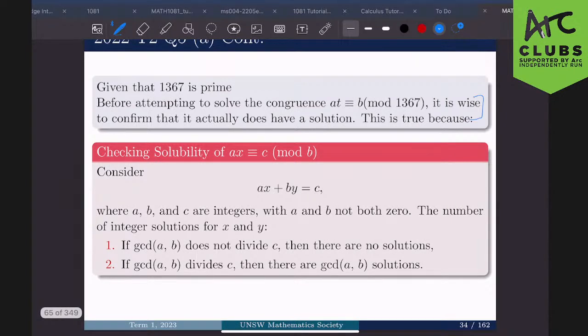So the GCD of 1367 and anything will just be 1 because it's prime. And so the GCD of 1367 and A will be 1. And because our GCD is 1, it will divide into B, because 1 divides any number.